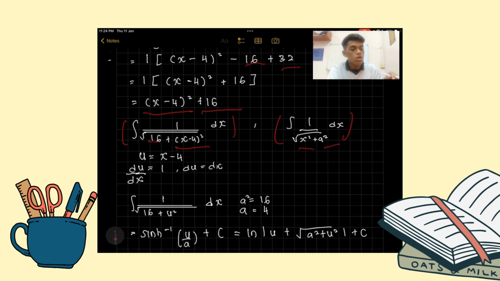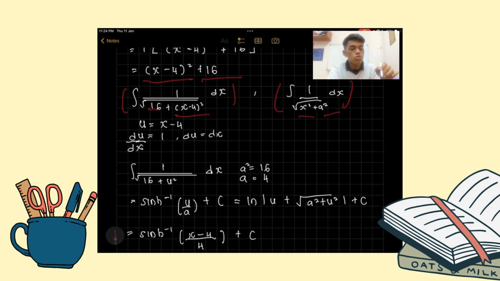We use u substitution, where u is equal to x minus 4, and du over dx becomes 1, so du equals dx.